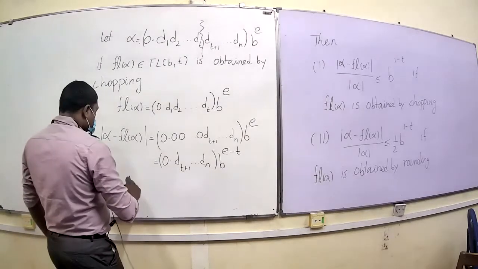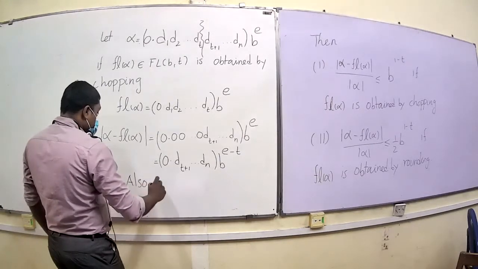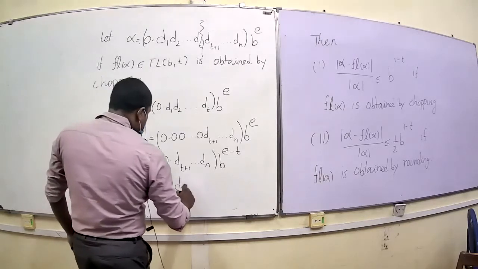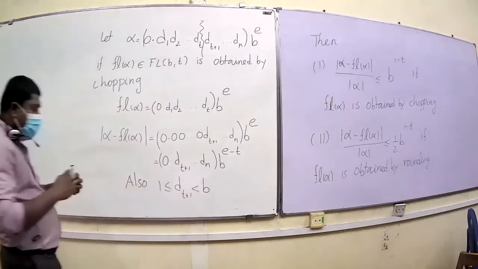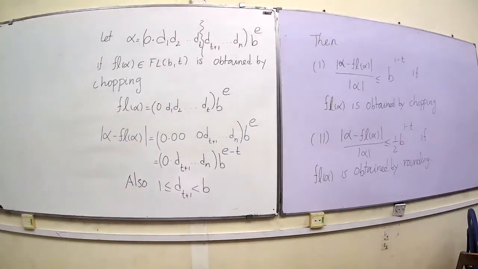Also, because it is a base b term, you know that the first digit is between 1 and b. If it is 0, you move one more step back and you can write it as b to the power e minus t, so t minus 1.